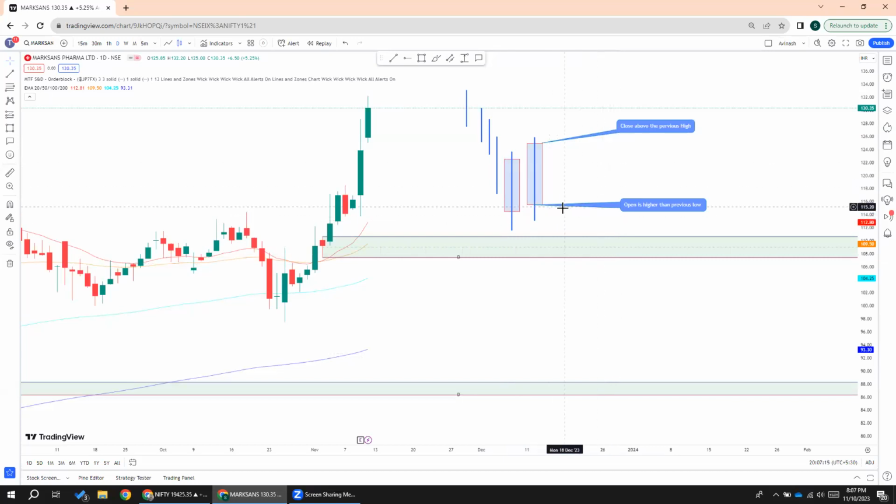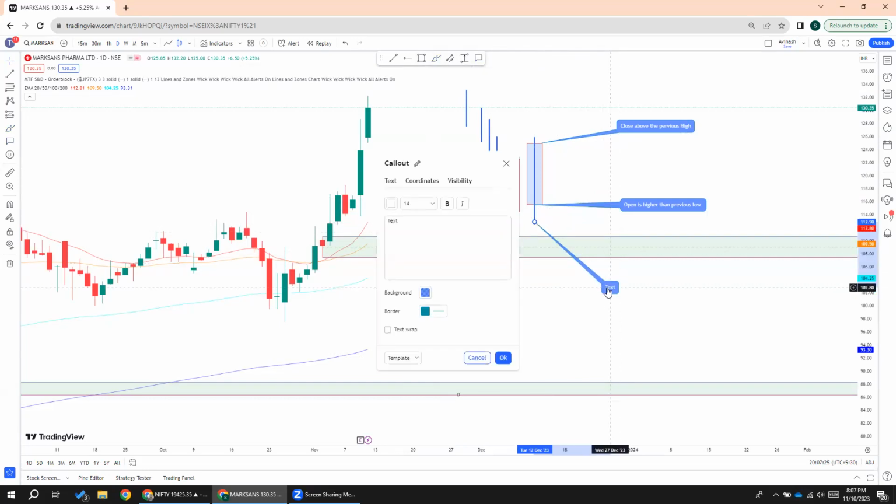So open is above the previous low, and today's low is higher than yesterday's. Okay, I hope you are able to see this and we will continue from here.